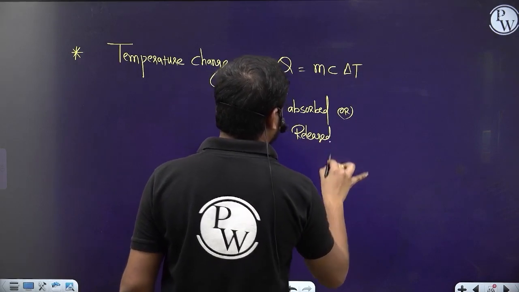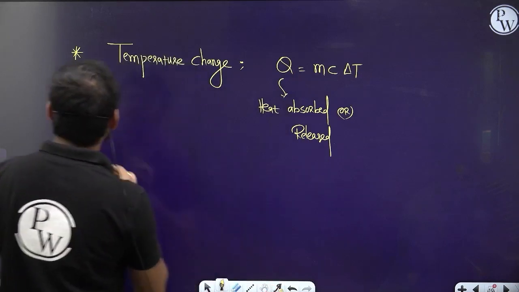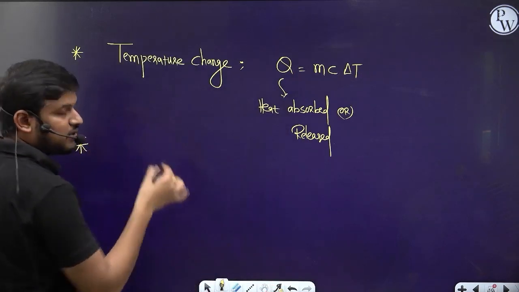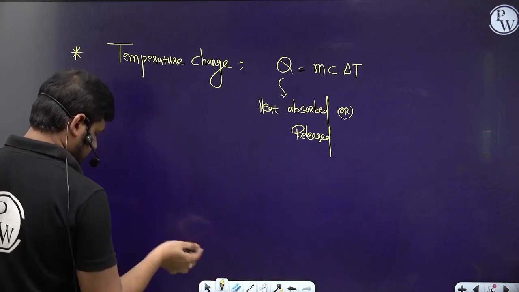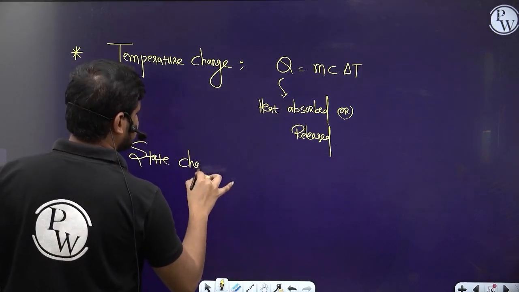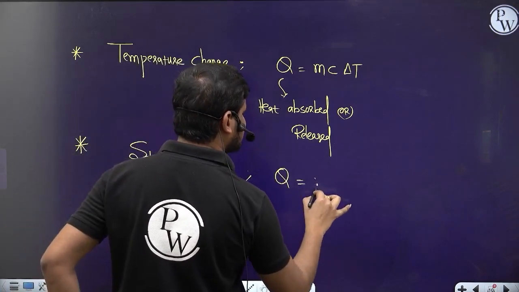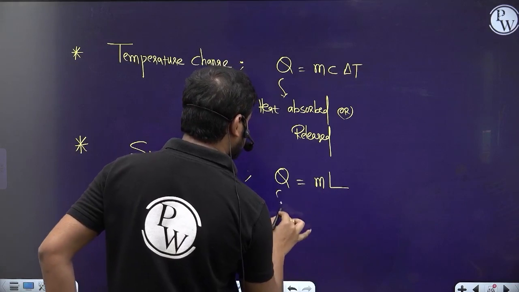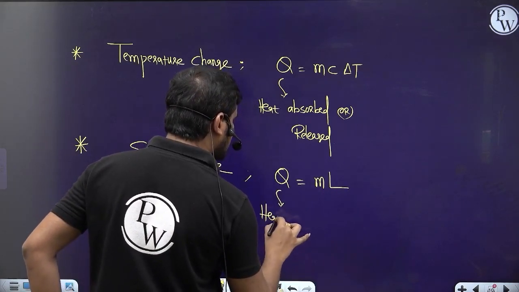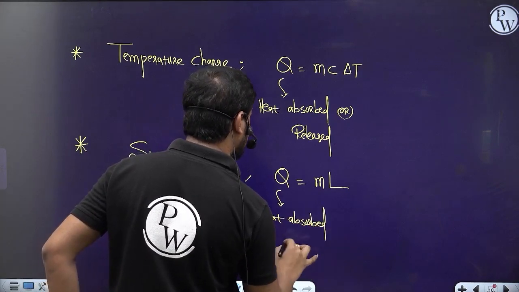Yes. So next, if you supplied the heat but there is no temperature change, only the state change occurs, then the heat released or absorbed will be equal to M into L. So this is the heat absorbed or released.